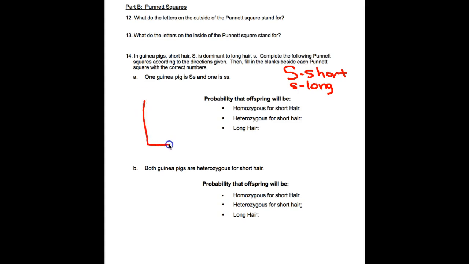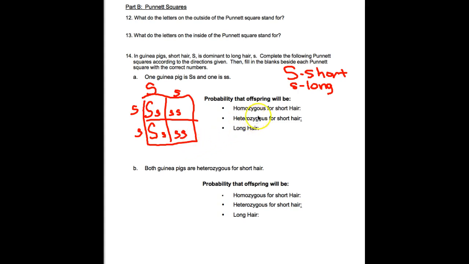So let's draw out a Punnett square. And one guinea pig is heterozygous, big S, little s. And the other is homozygous, little s, little s. So let's do this out. If we have a big S, little s, little s, little s, this will be big S, little s, little s, little s.